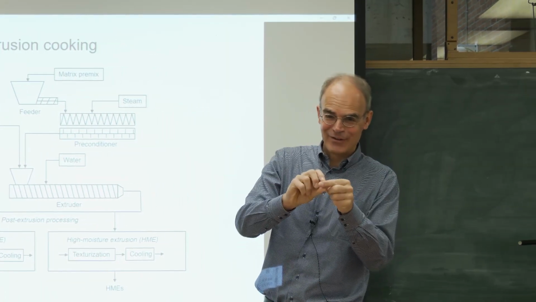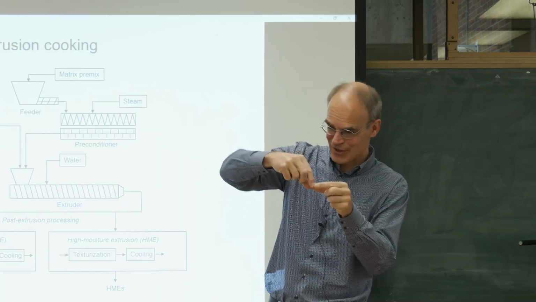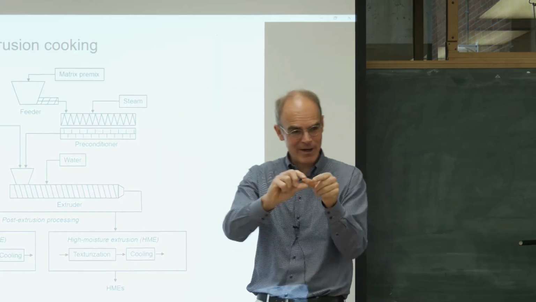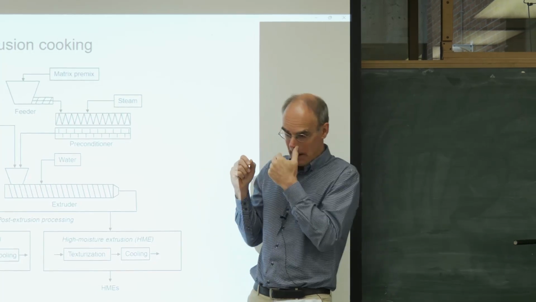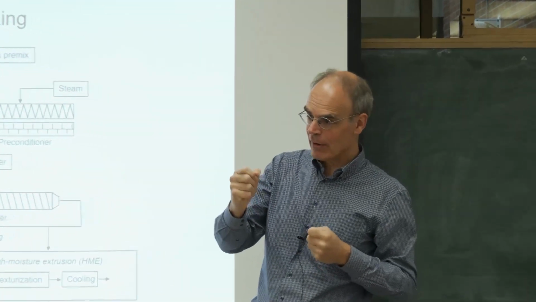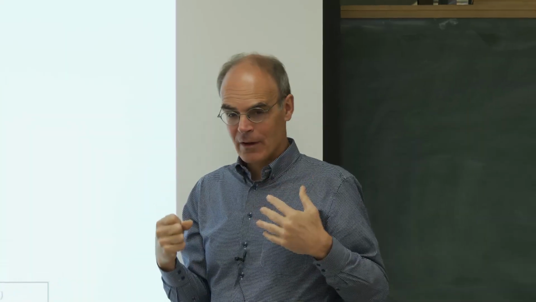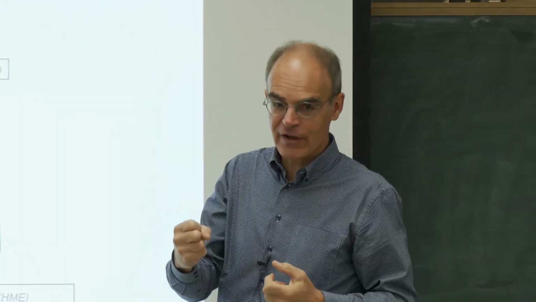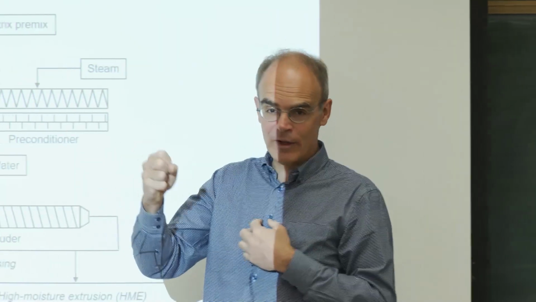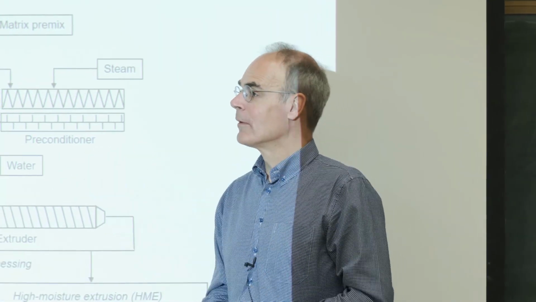Where is that material? There's a long slit. We usually make it rectangular, a long slit in that cooling channel. So we extrude that denatured, sheared protein. We force it into that cooling channel.